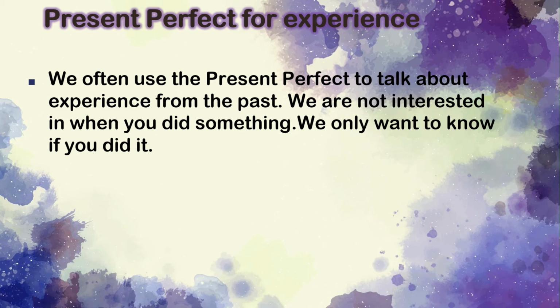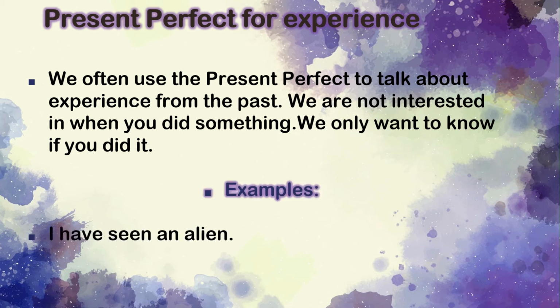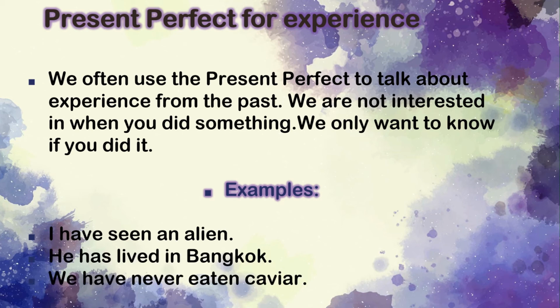We only want to know if you did it. For example, I have seen an alien. He has lived in Bangkok. We have never eaten caviar, right? So we don't care when you did something, but we want to know if you did it, right?